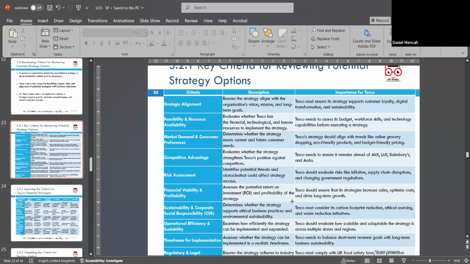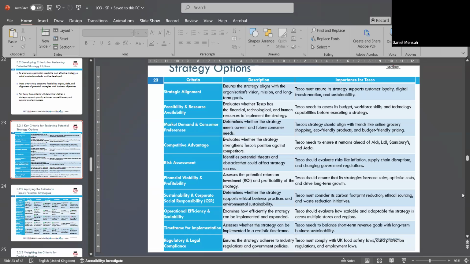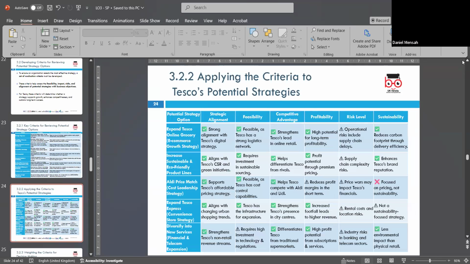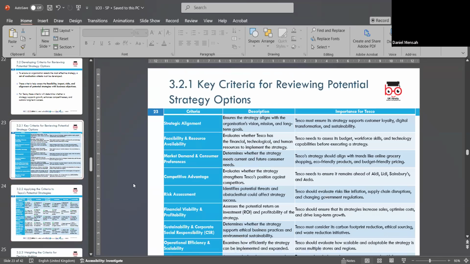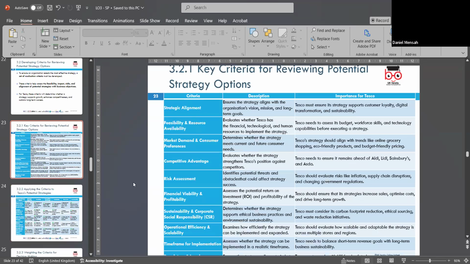Operational efficiency and scalability: you need to ensure that whatever strategy you are going to adopt is executable from the operational perspective. You have enough operations and resources to run and execute that strategy. And in case you are expanding your business, you need to check whether you have the ability to scale your resources accordingly.